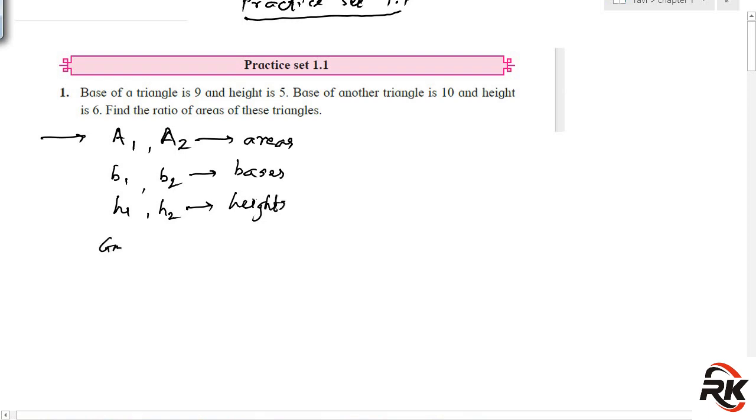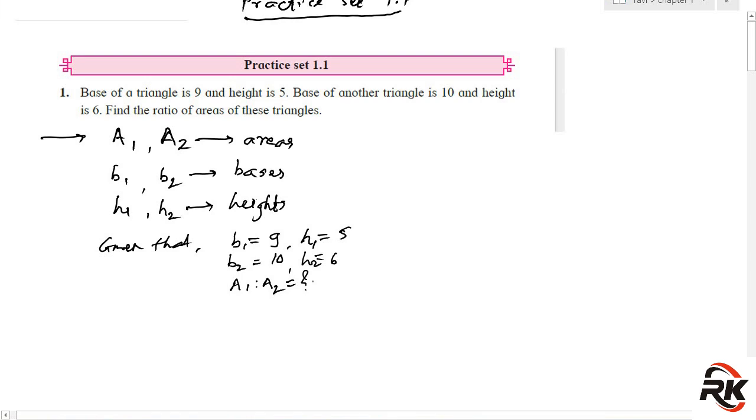Given that the base and height of both triangles are given, B1 is equal to 9, H1 is equal to 5, B2 is equal to 10, H2 is equal to 6. आणि आपल्याला विचारलं आहे A1 is to A2 is equal to what?